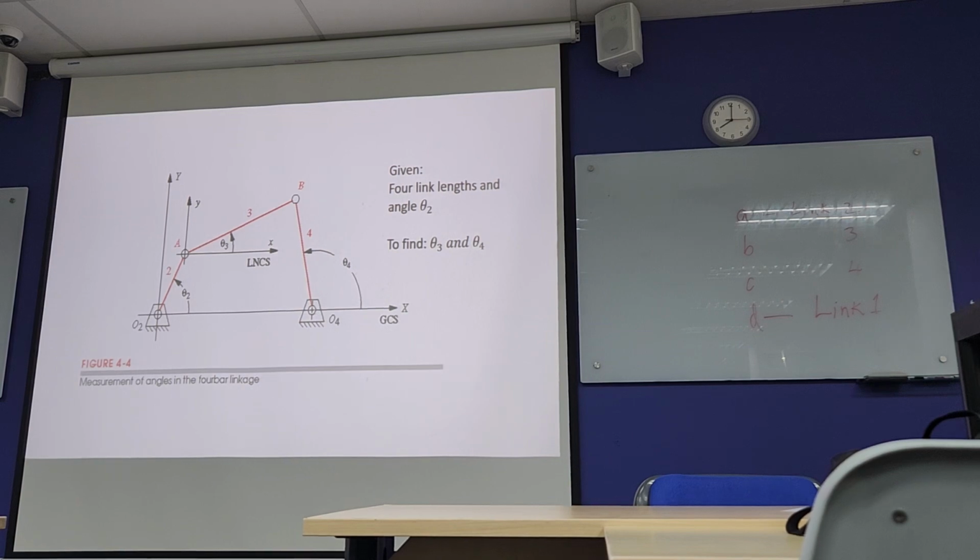It's very simple: you just draw a vertical line and a horizontal line, call it capital X and capital Y. And you always need to look into the dimensions given, because based on the dimensions you need to choose an appropriate scale factor. Then it is easy for you to draw the mechanism to scale.